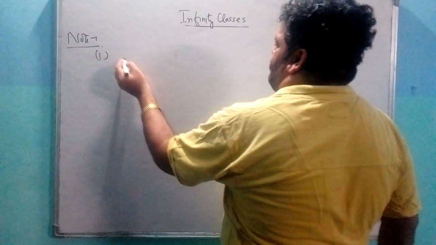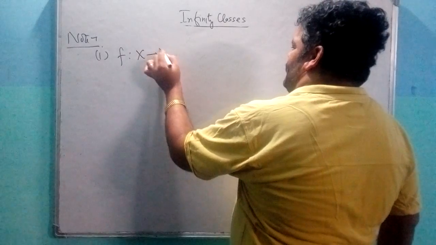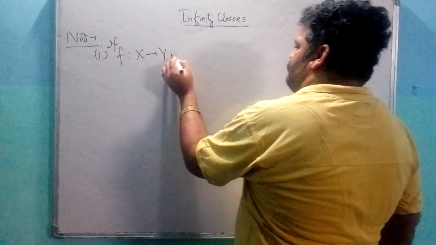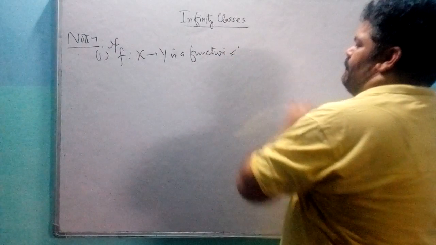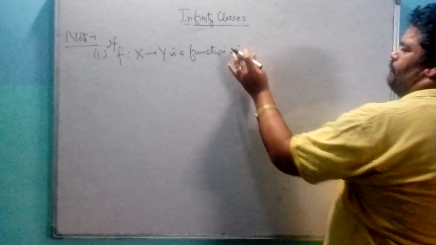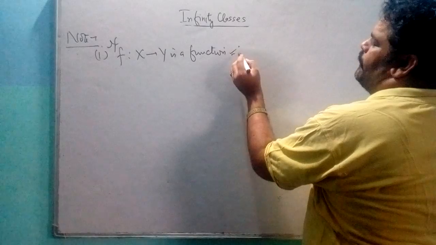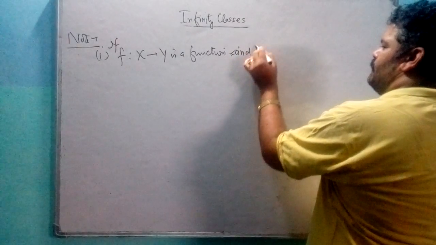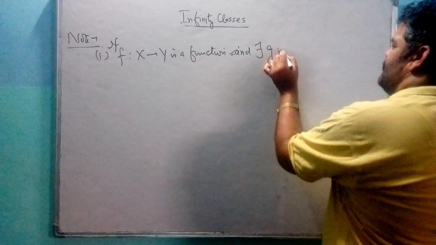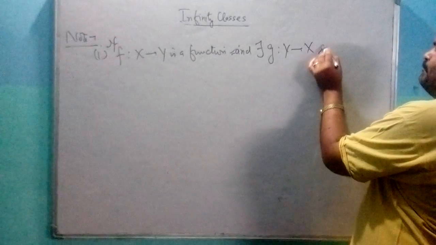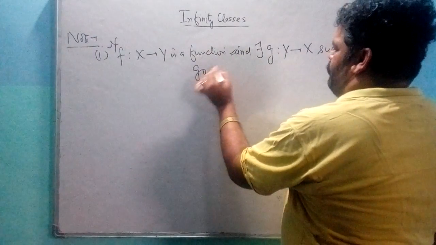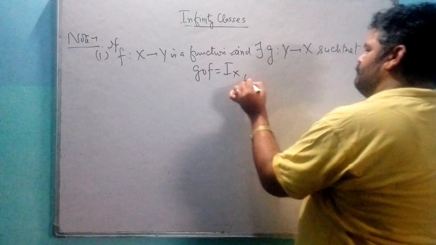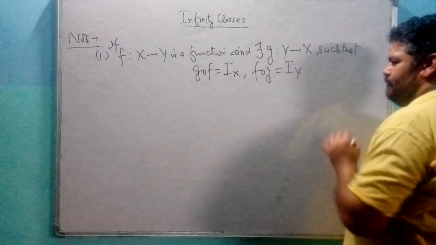Number one, f from X to Y is a function, and there exists g from Y to X such that g of f is identity on X and f of g is identity on Y.